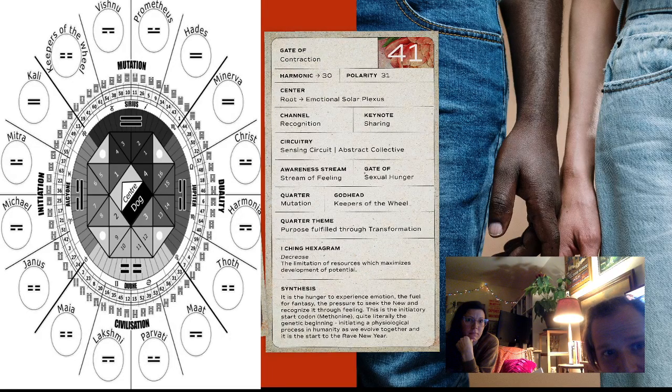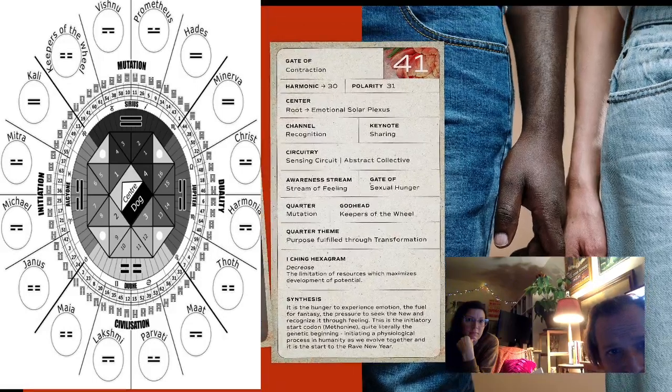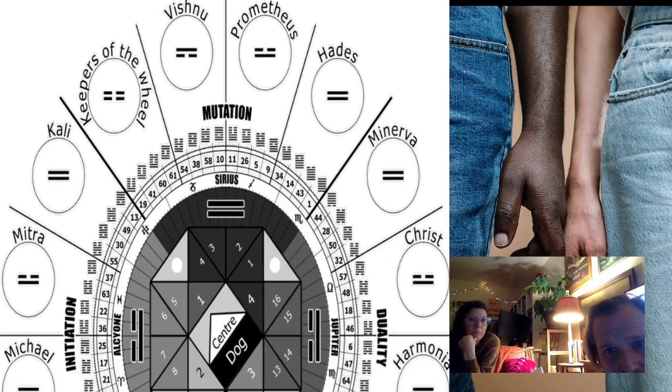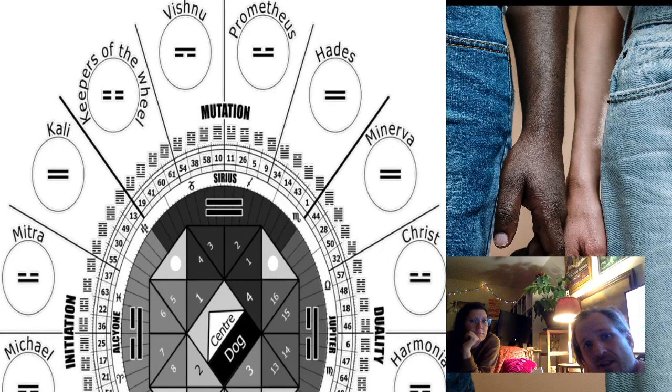So we have the keepers of the wheel here. This is where we are. Let me see if I can zoom in a little bit, because it's such a small graphic here. You can see we're in gate 41, so we're a little past halfway through the keepers of the wheel. It started in gate 61, then went to gate 60, and then gate 41.